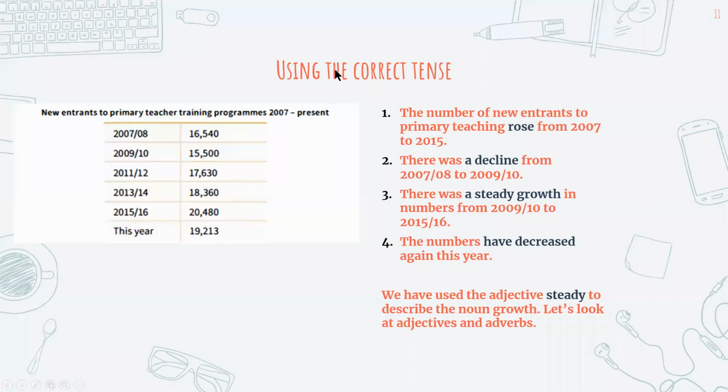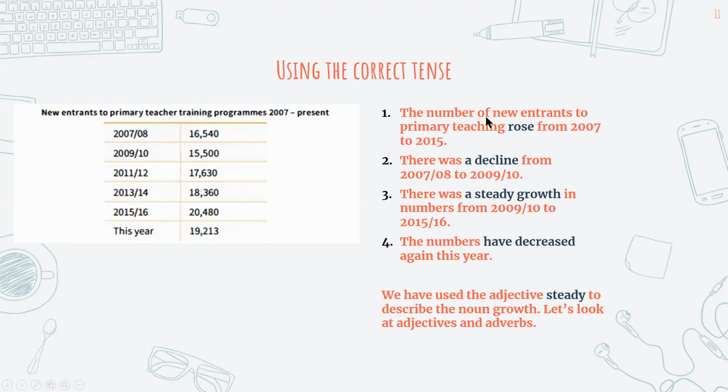Using the correct tense, here we have a table of 2 columns and 6 rows. New entrants to primary teacher training program, 2007 to present. But the table itself, most of the data, present something about the past, from 2007 to 2015.